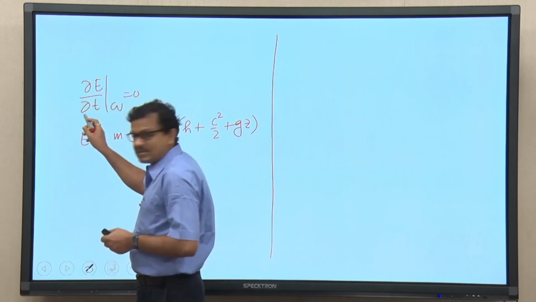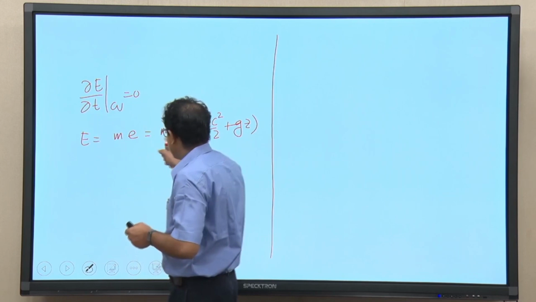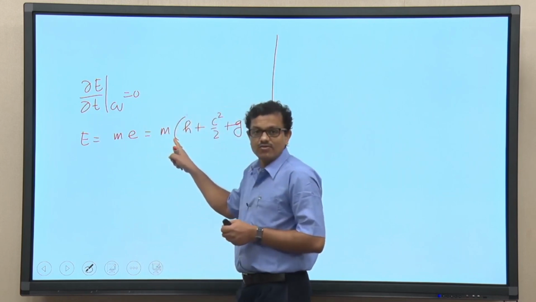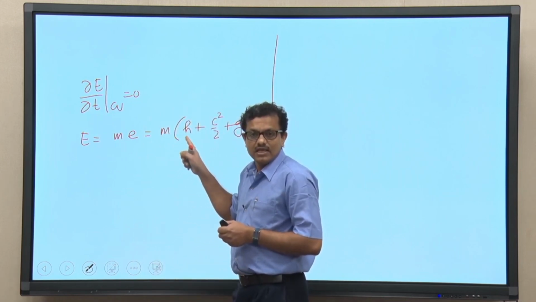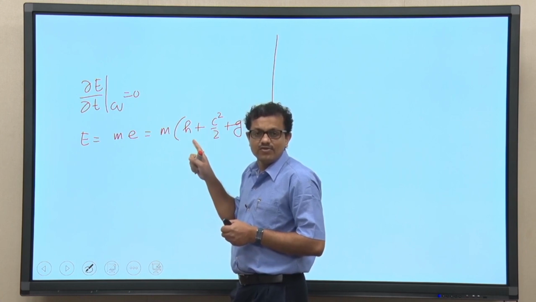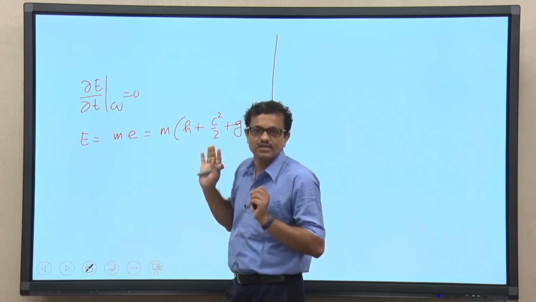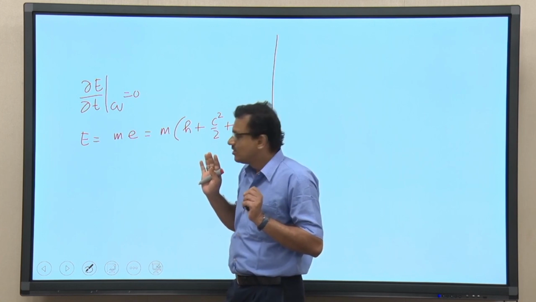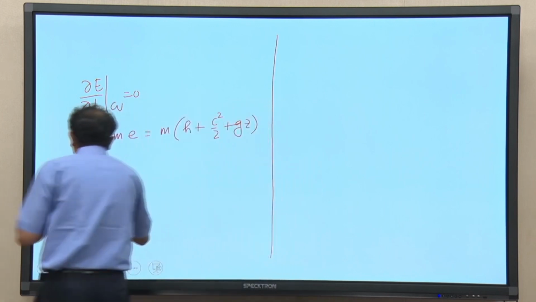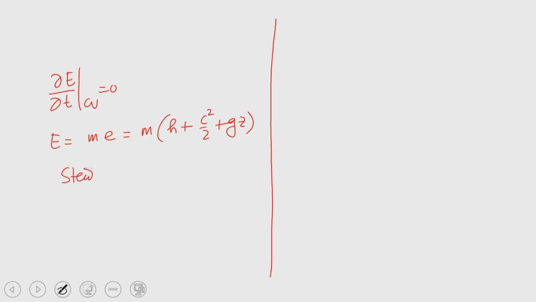So, steady state implies that mass within the control volume will not change with time. If mass has to remain constant, density will not change with time, that is what we have learned.